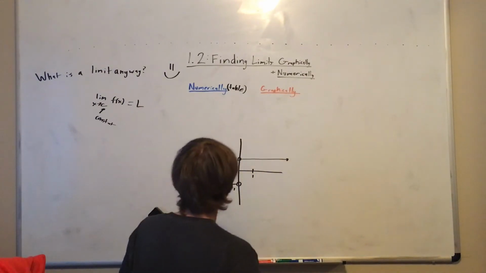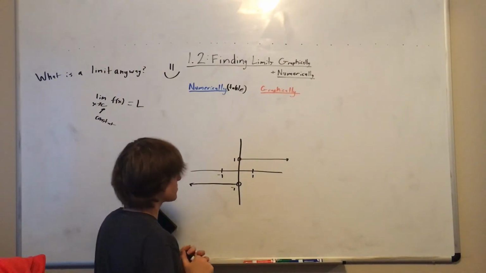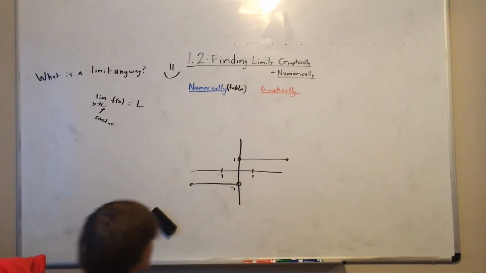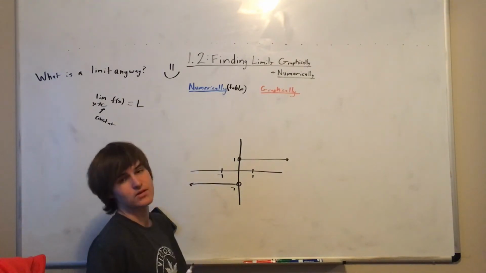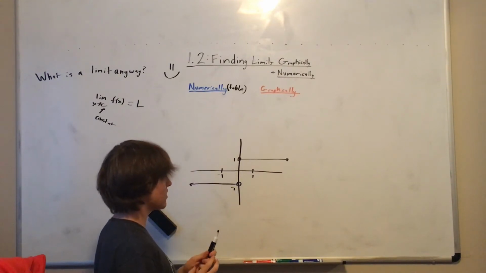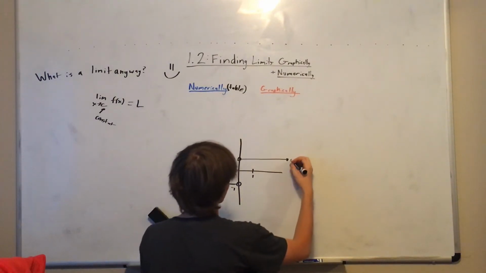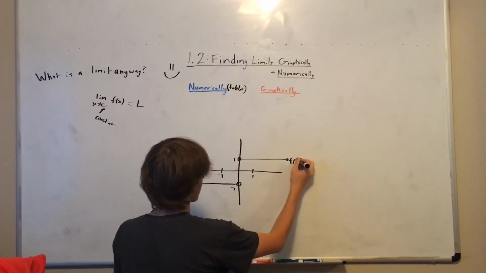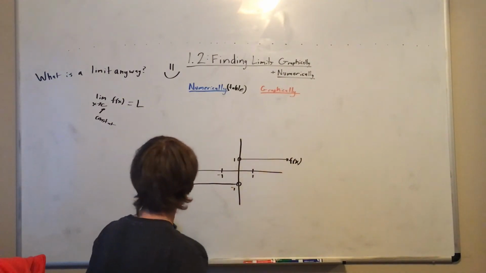You may be saying, hey, I've never seen a function like this before, but that doesn't really matter when we're talking about finding limits graphically and analytically. Let's just say that this is f of x. I know the equation to it, but we're not going to complicate things with that right now.